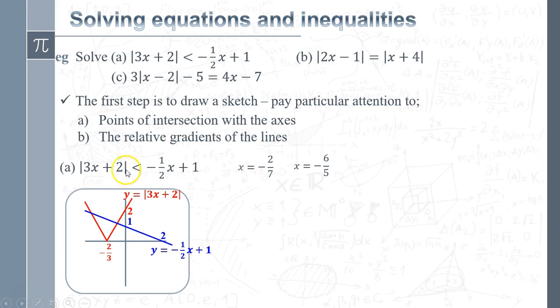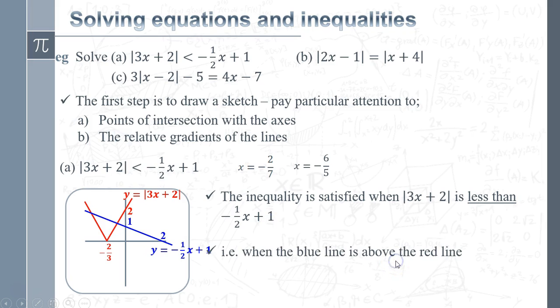We want to know where the modulus function is less than minus half x plus 1. That's essentially when the blue line is above the red line, so we've got to be in between our two values. That tells us our range of solutions is x is greater than minus 6/5 and less than minus 2/7. There we go.